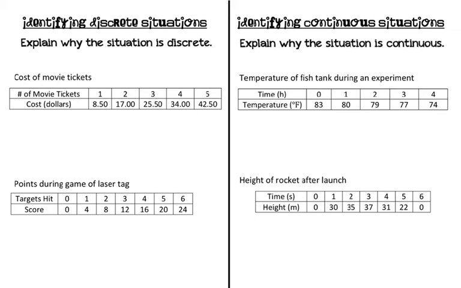So now let's take a look at identifying situations. So why would the cost of movie tickets be considered a discrete graph? Well, because you're not going to buy half a ticket. Okay, there's not going to be decimals or fractions.